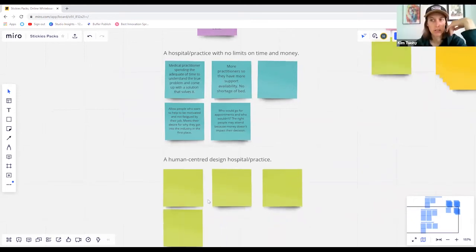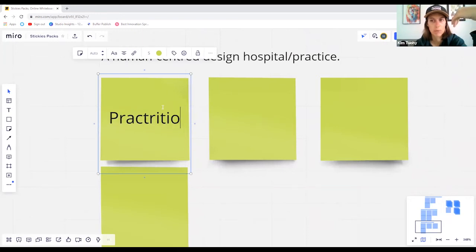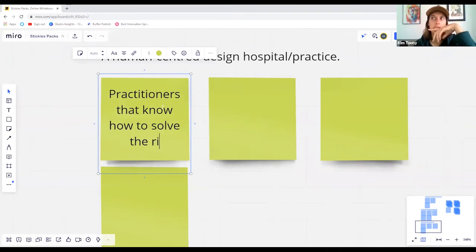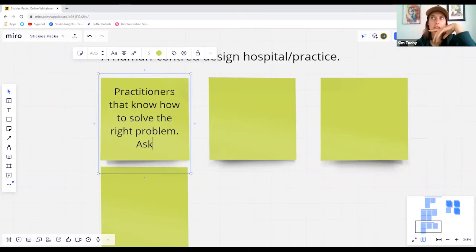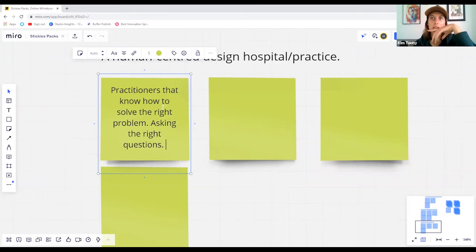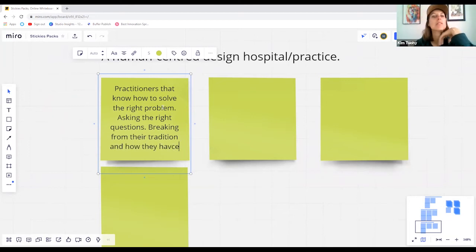Practitioners that know how to solve the right problem, whether that's asking the right questions, or breaking from their tradition and the way they've always done things to solve the true problem that each individual patient is facing.